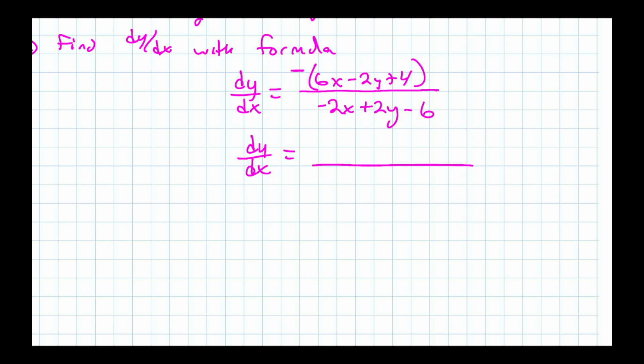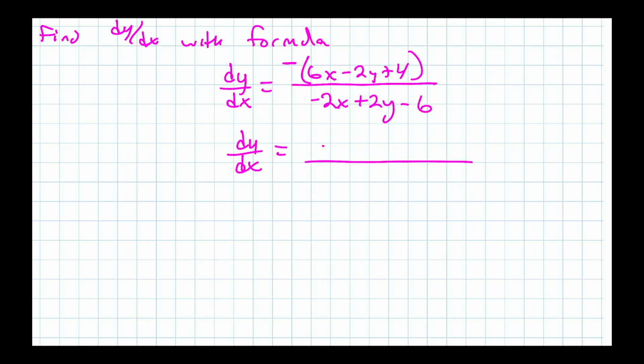You can factor a 2 out of everything, and you can multiply the negative in. If you cancel the 2 on the top and bottom and multiply in the negative, you would have negative 3x plus y minus 2 on top, and on the bottom, just minus x plus y minus 3, I guess.